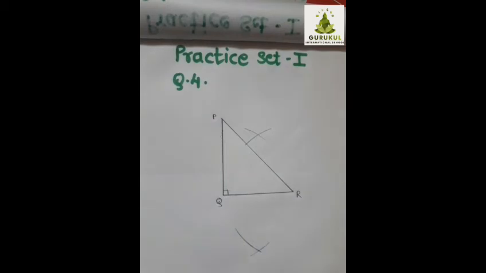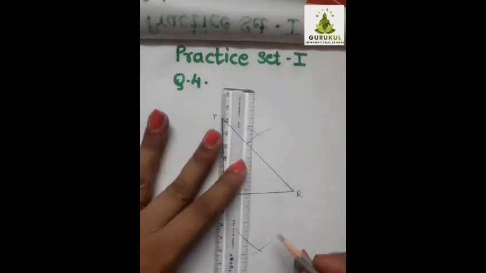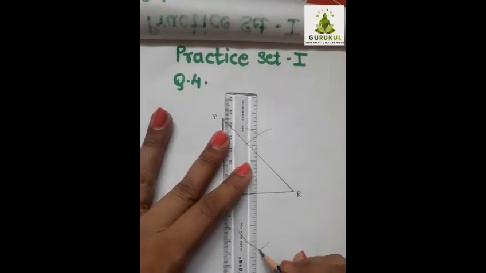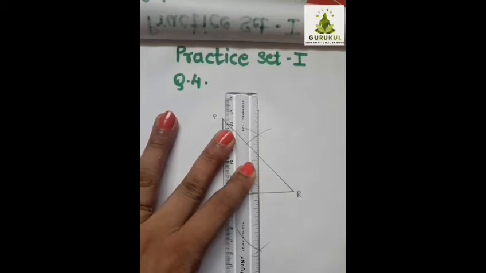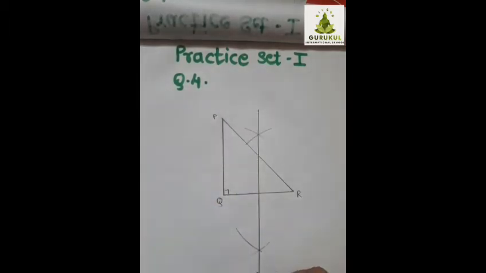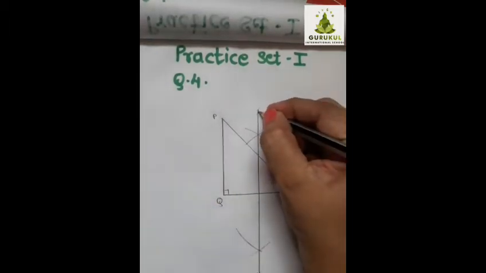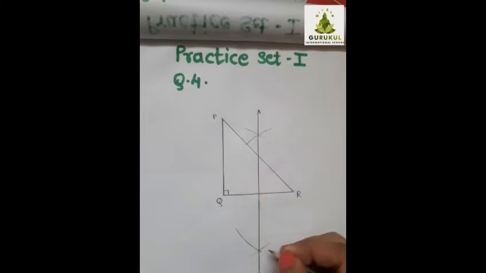Now, you have to join these two intersecting points using a scale. While drawing this line, we have to be very accurate, meaning it should pass exactly through the intersection points.